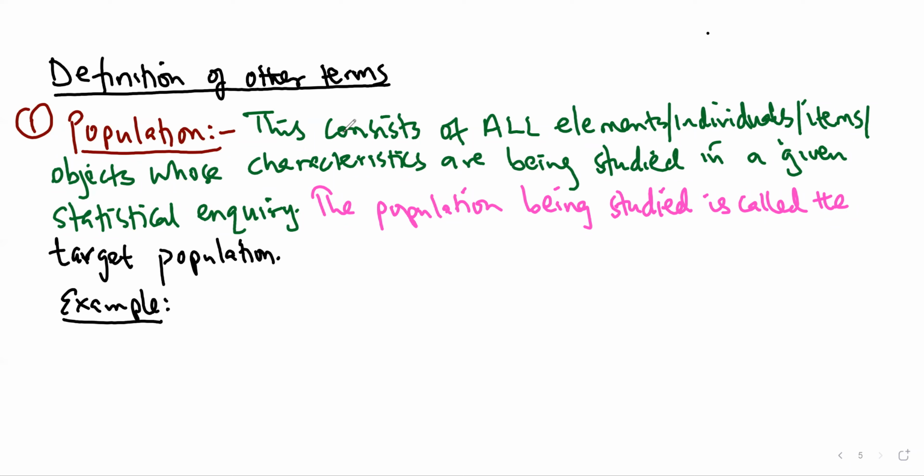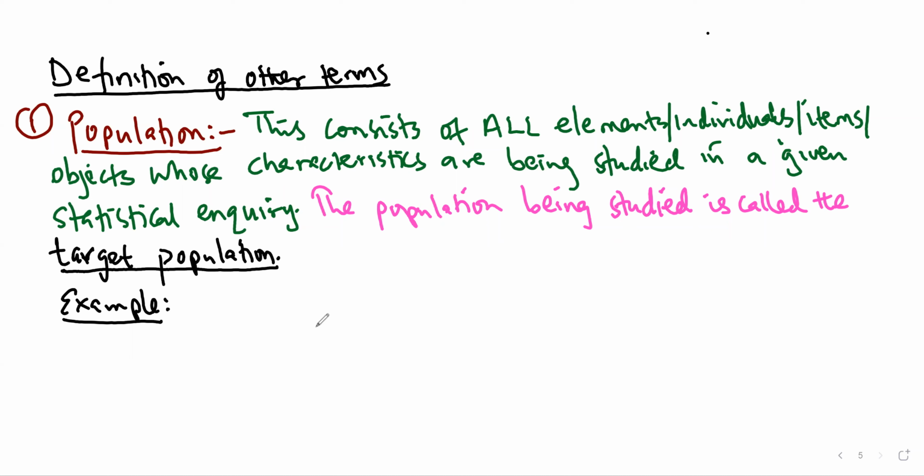So in the context of statistics, we may define population as a complete set of all the elements or individuals that we are interested in a given statistical inquiry. The population that is being studied is usually called the target population.